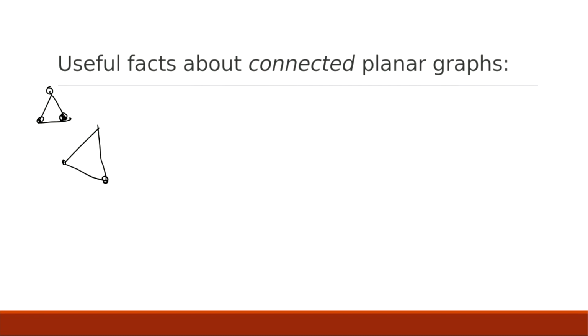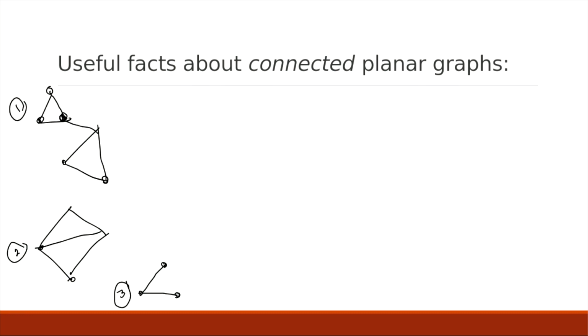Okay? Now, I'm going to connect this because I want to have connected graphs, and I'm going to draw a couple of examples. Not too many. Maybe this one, and maybe a very simple one like so. Okay, so let's label them 1, 2, 3. And we are going to prove a couple of facts, theorems about planar graphs.